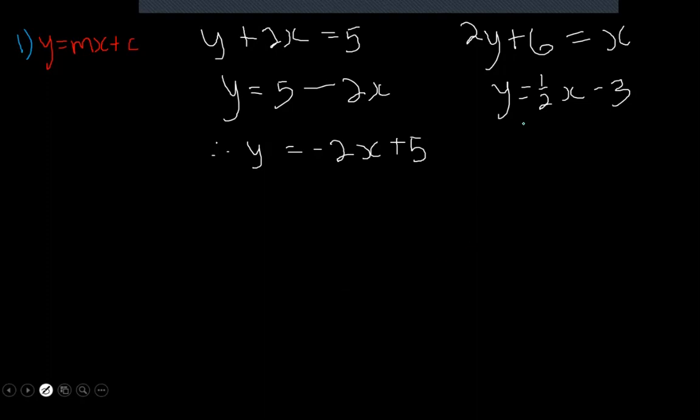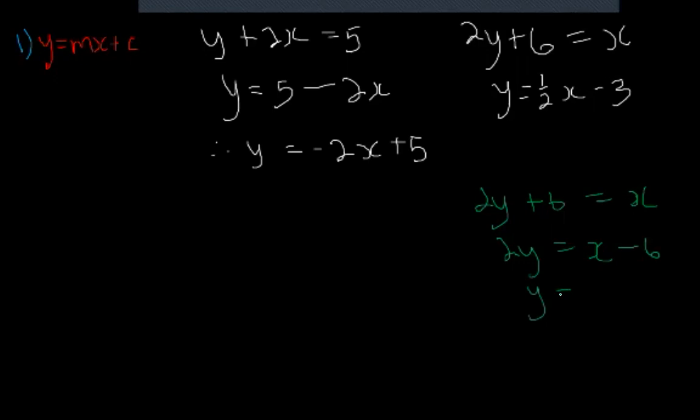Anybody who doesn't understand how we got that? So 2y plus 6 is equal to x. I carry across the 6. So 2y is equal to x minus 6. 2 multiplies on this side, will divide on this side. So x minus 6 on 2. But remember, we could break up this fraction.